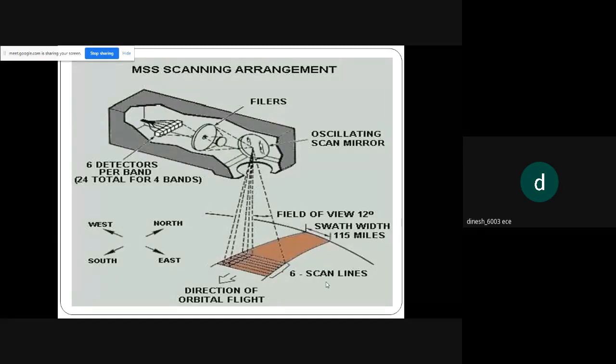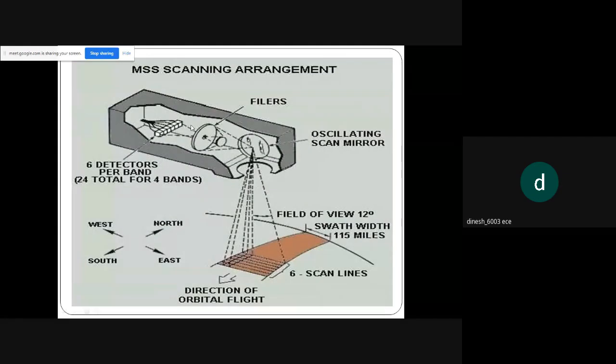This is an example of an MSS scanning arrangement. We have a detector segment. 6 detectors are used per band, so totally 24 for 4 bands. For every band we'll be having 6 detectors, and since there are 4 bands, we have 24.